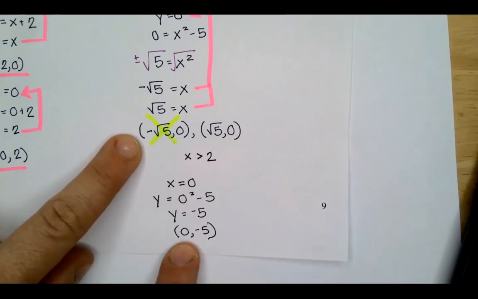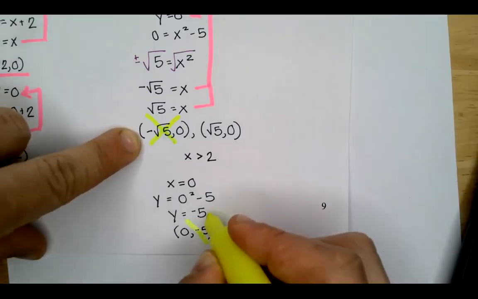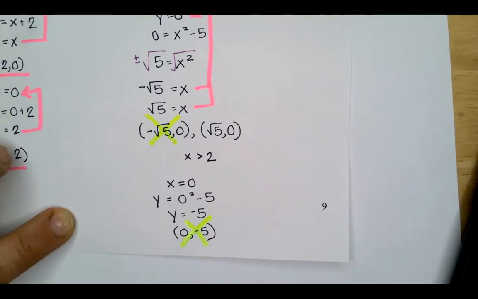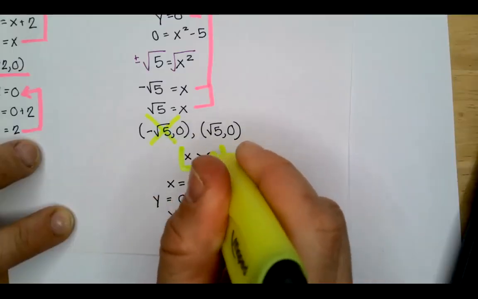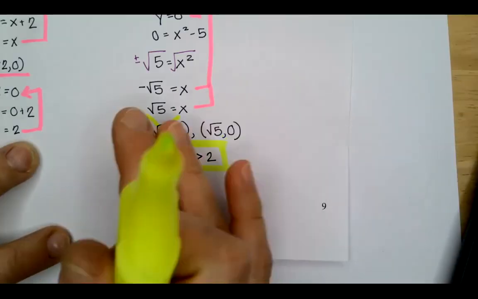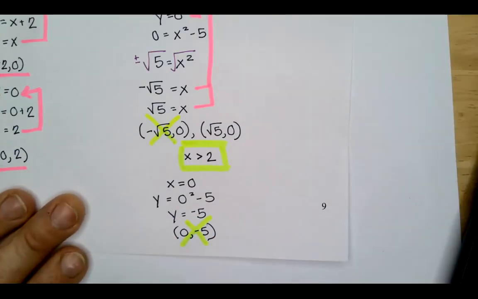So it can't be negative square root of 5 and it can't be 0. Again, it makes sense, but it's much easier to see in Desmos. It makes sense algebraically. I'm more likely to make a mistake algebraically, and it's just easier to look at and trust in Desmos when Desmos kind of verifies it for me or even does it for me.